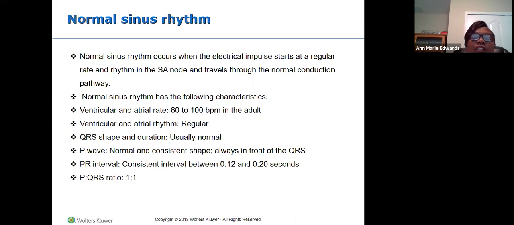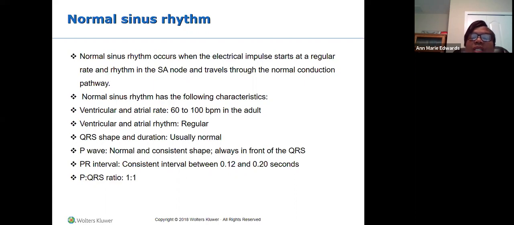The ventricular and atrial rhythm is regular, so the rate has to be normal. The rhythm has to be regular, and that's the two things on the ECG we've completed so far, rate and rhythm. Now the QRS, which we looked at, the shape and duration should be normal, and the P wave should have a normal and consistent shape.